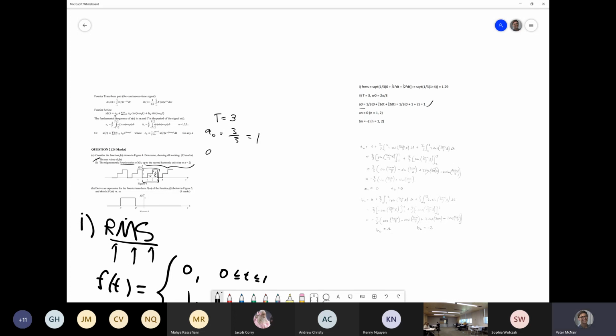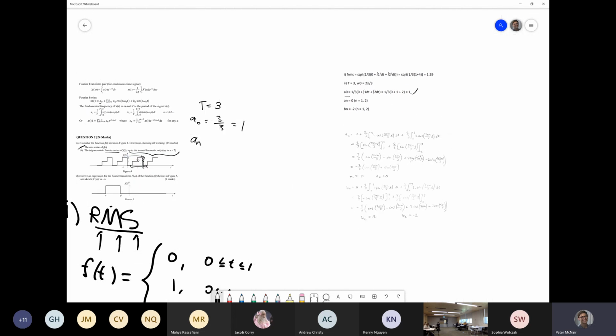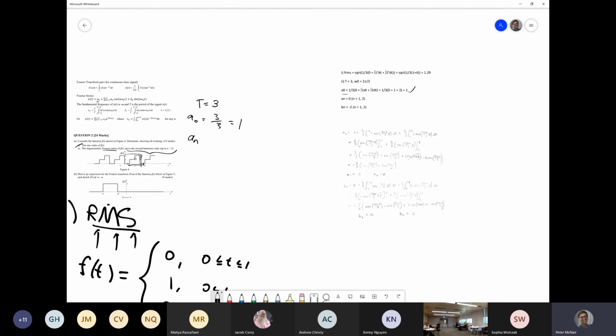So now, An. We've got, apologies for that. We've got an expression for it that's a bit nasty looking, but 2 on T integral from minus T on 2 to T on 2, or this is the same as 0 to T, so let's use 0 to T. And then essentially we just multiply our f of t with cosine.